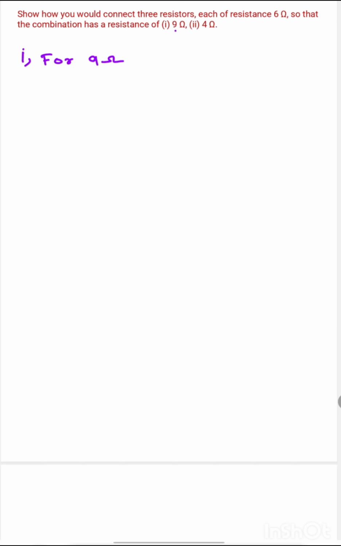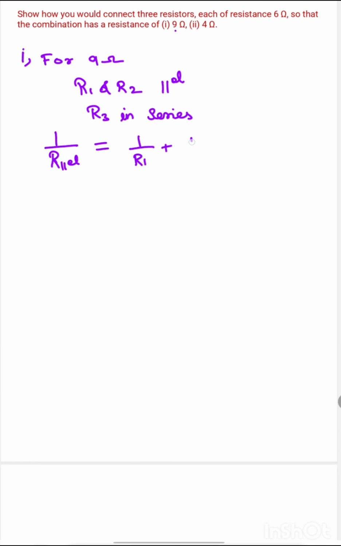let's see. The R1 and R2 are connected in parallel and R3 in series. So first solve for R1 and R2. To find the R parallel, that is the parallel resistance, 1 by R is equal to 1 by R1 plus 1 by R2.